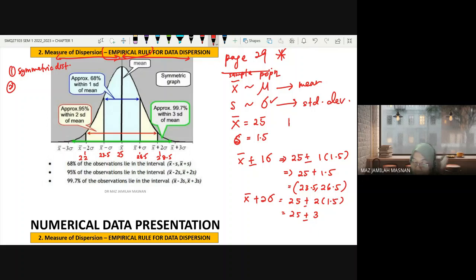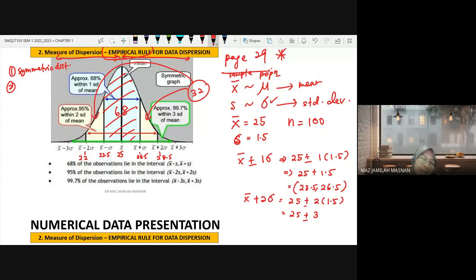Let's say your n is equal to 100. That means 68 of your data will be located in the middle. So the rest, your 32 data, where could they be? It could be over here or it could be in this area.